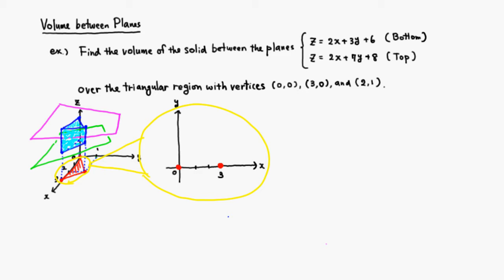Then you have (2, 1), so 2 is right there and the 1 is right there. So this is the triangular region.